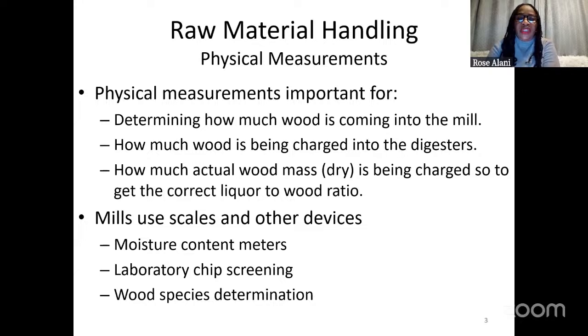Then the laboratory chip screening: you have to screen the chips, that is sieving, to get the exact size that is suitable for your pulping method. Then wood species determination: like I mentioned, softwood, hardwood, so you also have to determine the wood species that you're using, so you'll be able to do the proper thing.